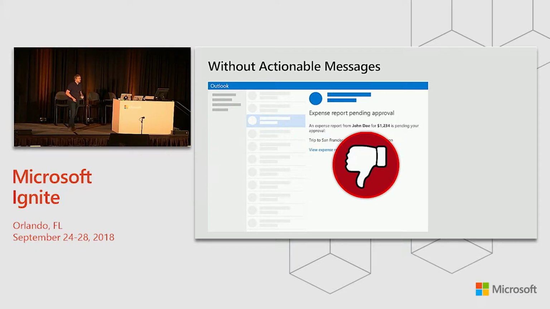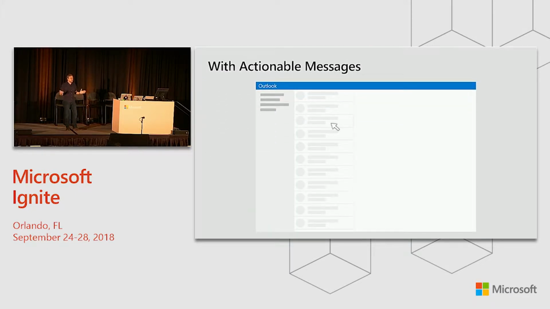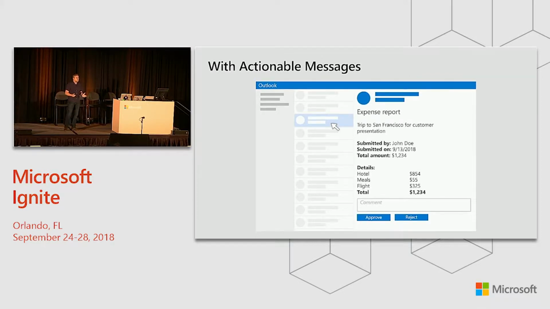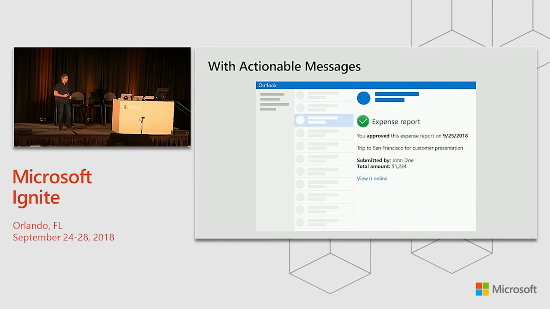Now, let's take a look at what this becomes if you put actionable messages into the picture. All right, so this is the same starting point. You have Outlook, you're going to select a message, but hey, the message already contains the expense report, already has that command field, and it already has the approve or reject buttons. So I just go to the approve button, I click on it, and it's done. One click.